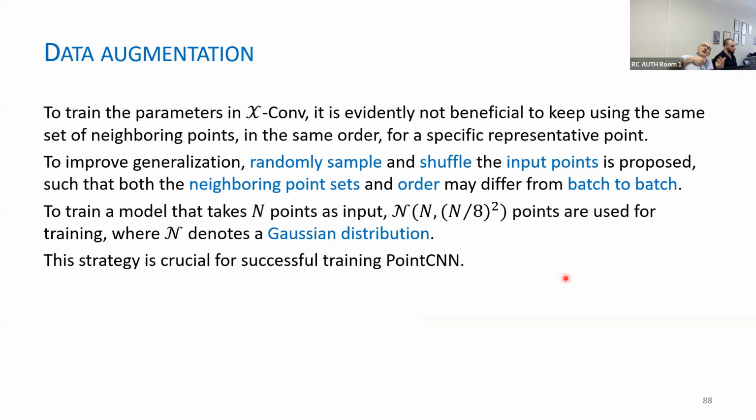So they shuffle the random sample of the points in order to make the representation invariant to the order of the points. So again, of course, we want something that is invariant to the sorting of the points. And so this is another strategy that the authors use to achieve this invariance.